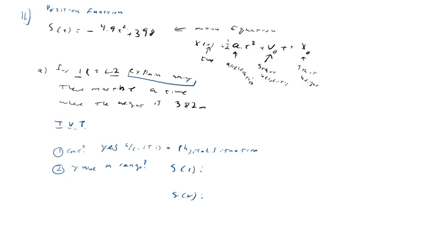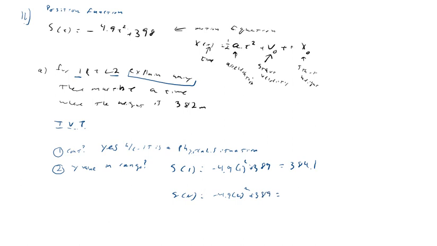Negative 4.9 times 1 squared plus 389. Let's see. 389 minus 4.9 is 384.1. So my high is 384.1.